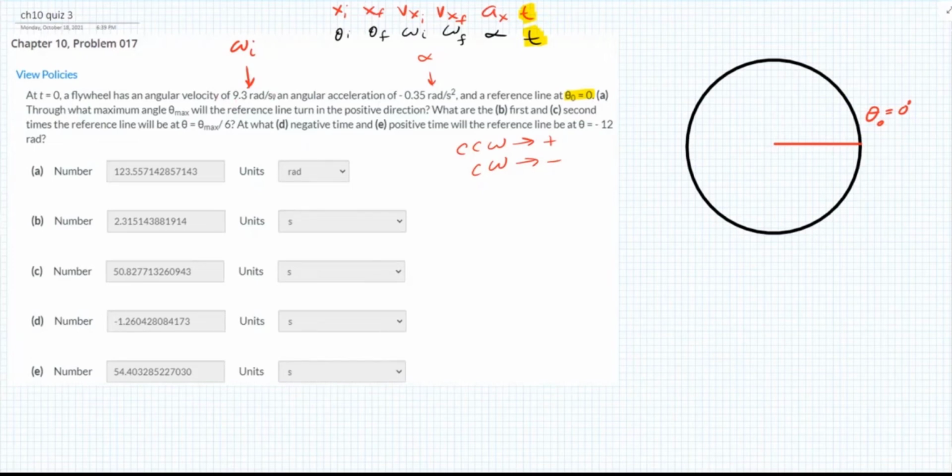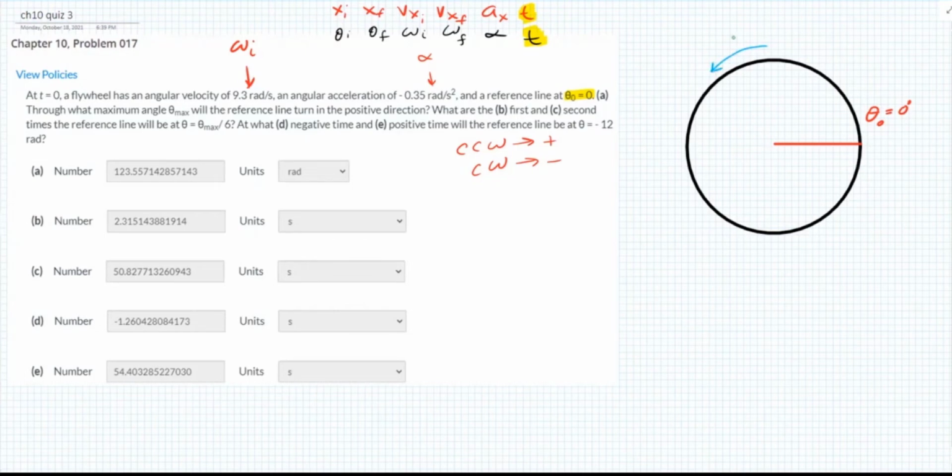So they're saying, all right, here's what's going on. It's good to see the forest through the trees here. At time equals 0, this wheel is spinning in the positive direction. So ready, set, go.